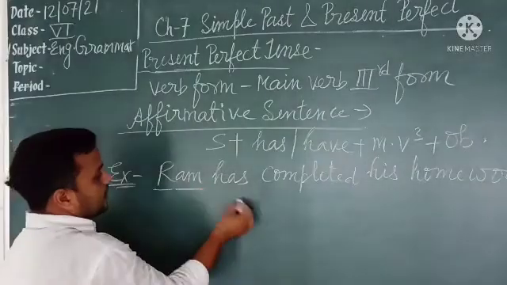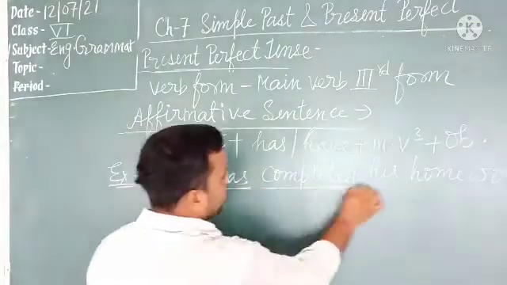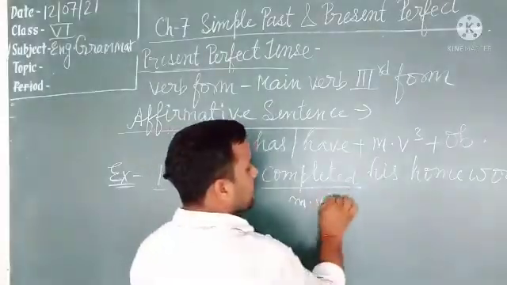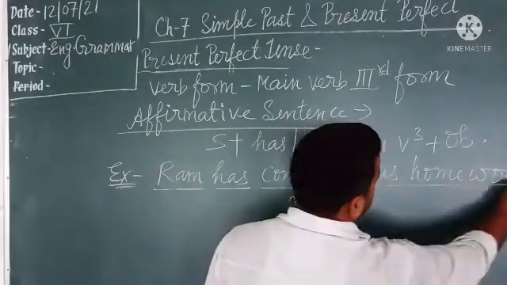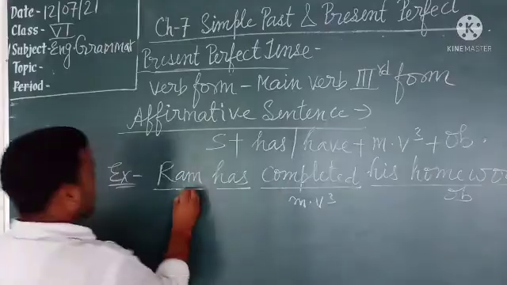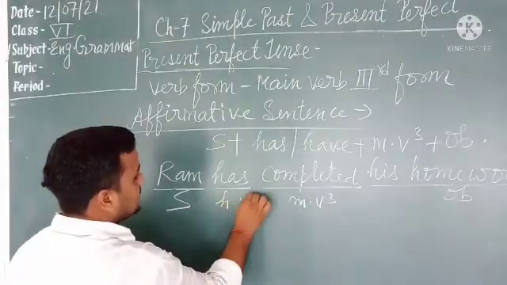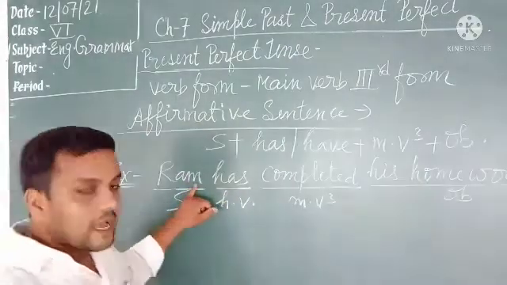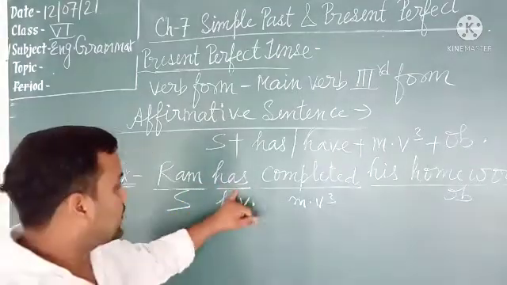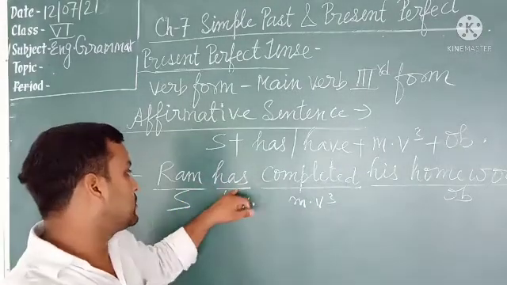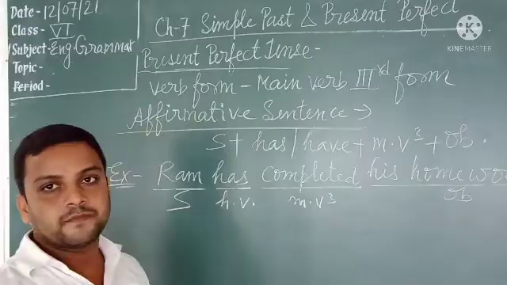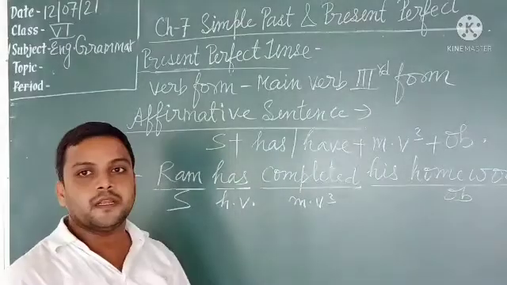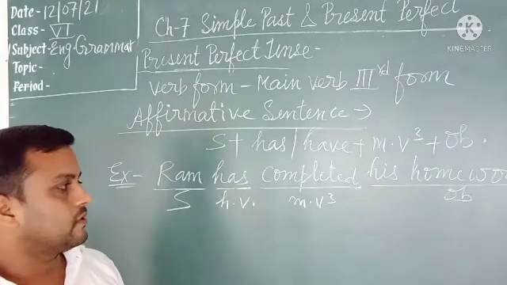Here, subject is Ram, has is helping verb, completed is main verb, third form. His homework, that is object. Ram is in singular number, that's why I have used has with Ram. If the subject is a plural number, then we will use have. Okay?